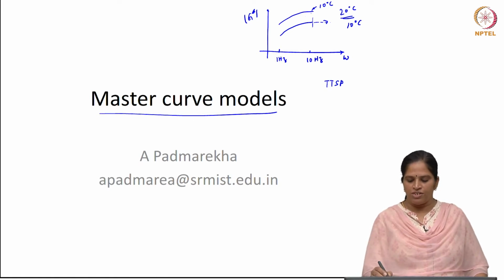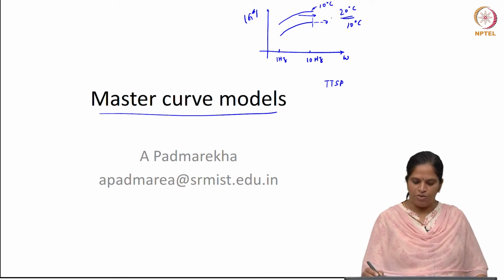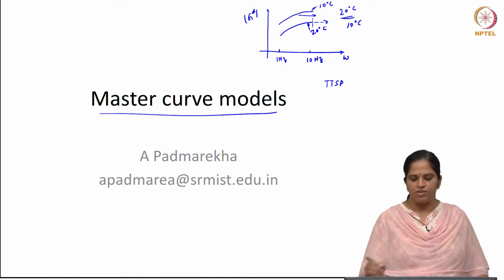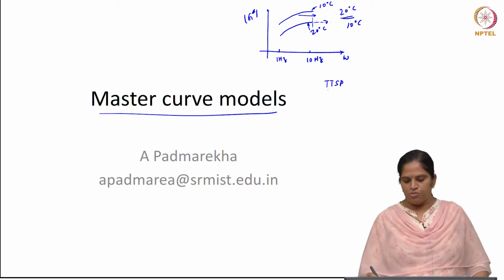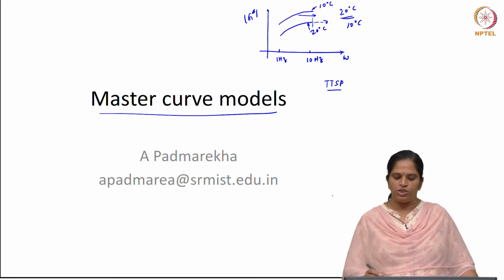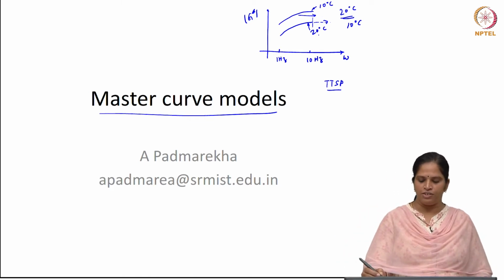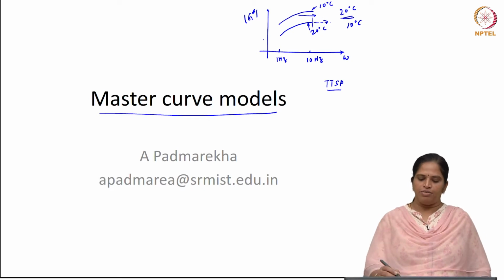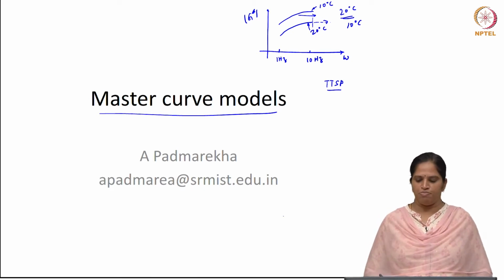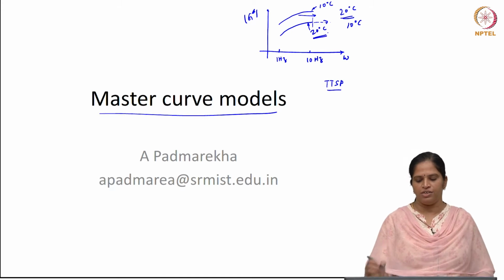You can shift this using a shift factor to get an extended dynamic modulus value at a reference temperature of 20 degrees Celsius. So using the time temperature superposition principle, you can shift the curves at different temperatures to get a master curve at a specific reference temperature.